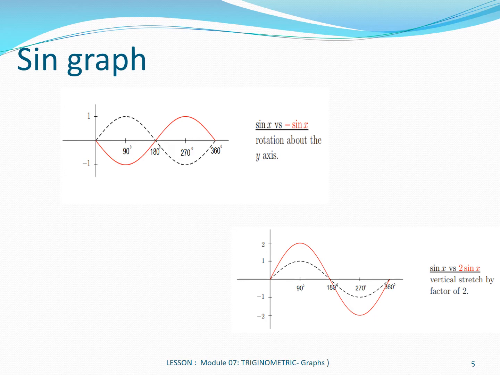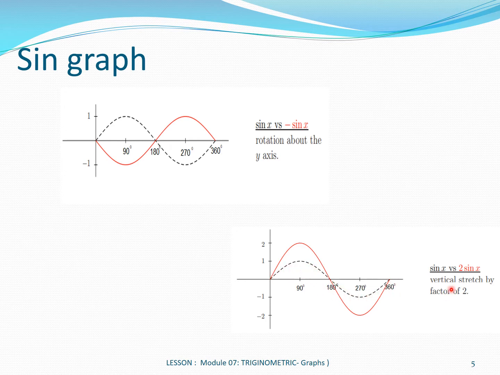So if you could allow me to get my laser pointer. There we go. So the function that we speak of is sine x. The dotted one there is the one that we have, sine x. Should the sign have been negative, then it would be in the red. All right. And then when we look at the amplitude, again, sine x is the dotted line.